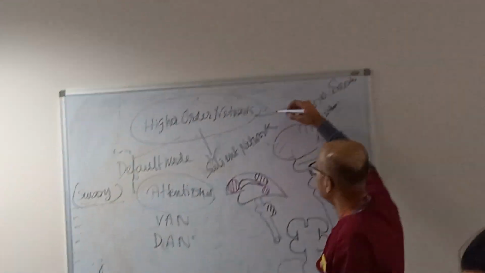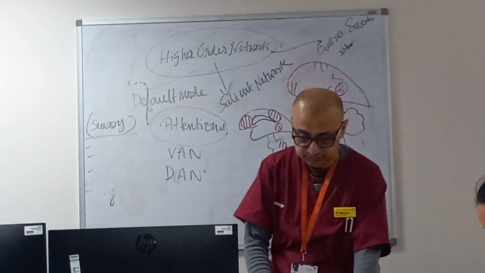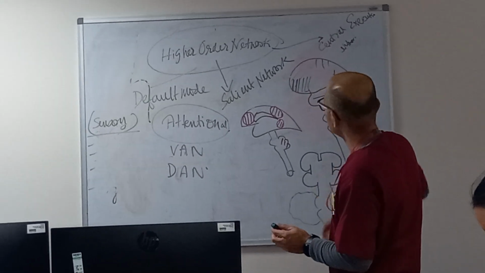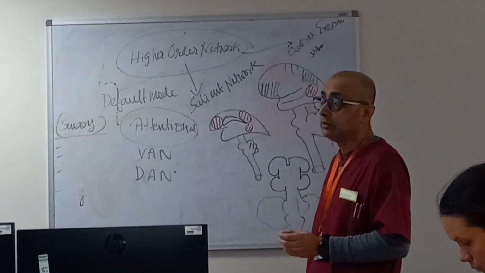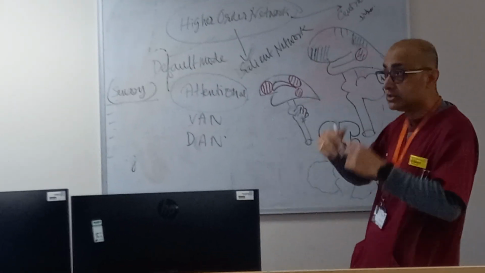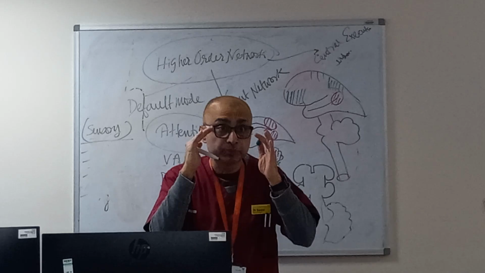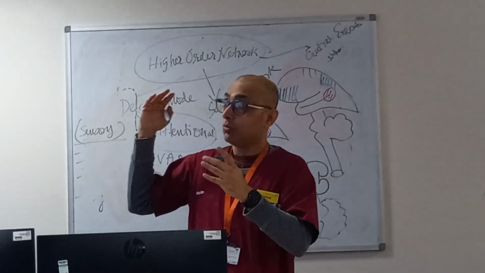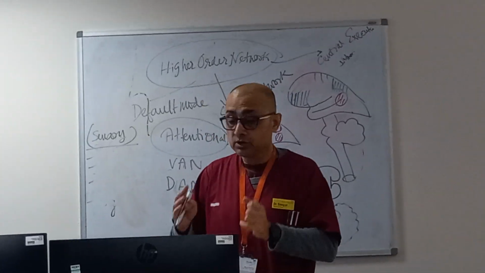Here, the dorsolateral prefrontal cortex, and the posterior parietal lobe. And again, the cerebellum is also involved. So what does it do? Goal-directed behavior. For example, you are now more on central executive, but not completely. Working memory or cognitive flexibility. These are their functions.